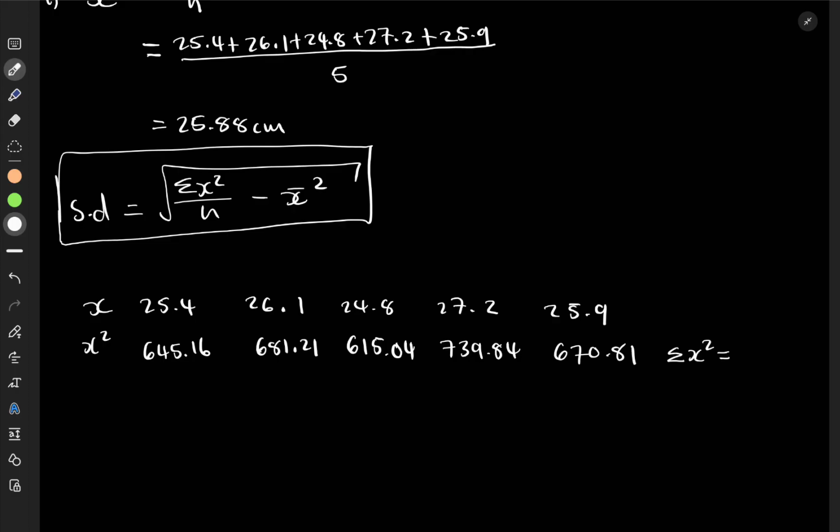It's everything. We get this answer, and that is going to be 3,352.06. So if I'm to make my table, it should look something like this.